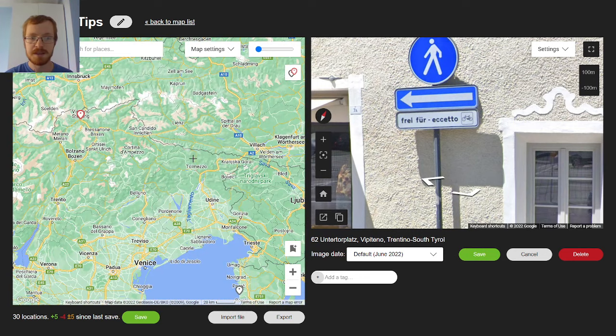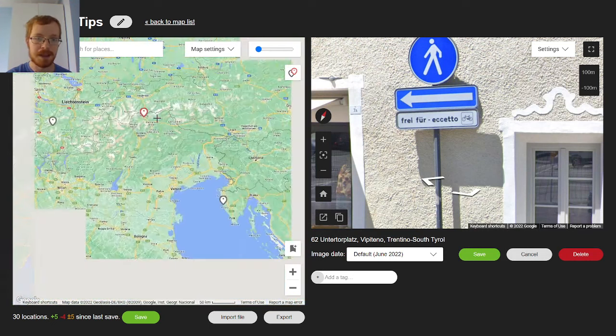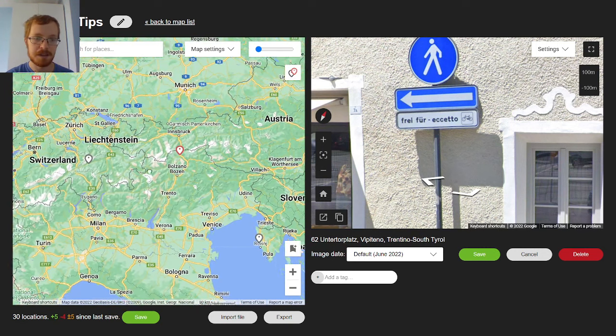Not really in the eastern part here, but more south of Innsbruck, around Bolzano and north of Bolzano. So yeah, if you see a lot of that language, you might be in this part of Italy.